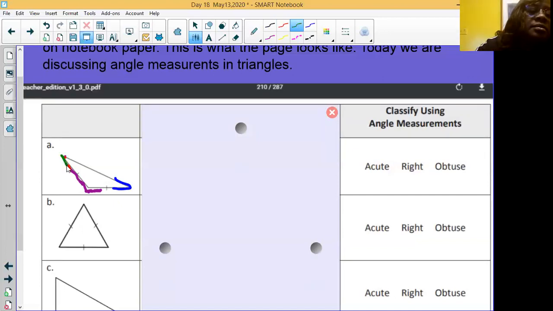Okay, so there's an angle right here. Here I have my green angle at the top. Here I have my blue angle at the bottom, and then I have my purple angle right here. So when I look at them, I know my green angle would be acute.